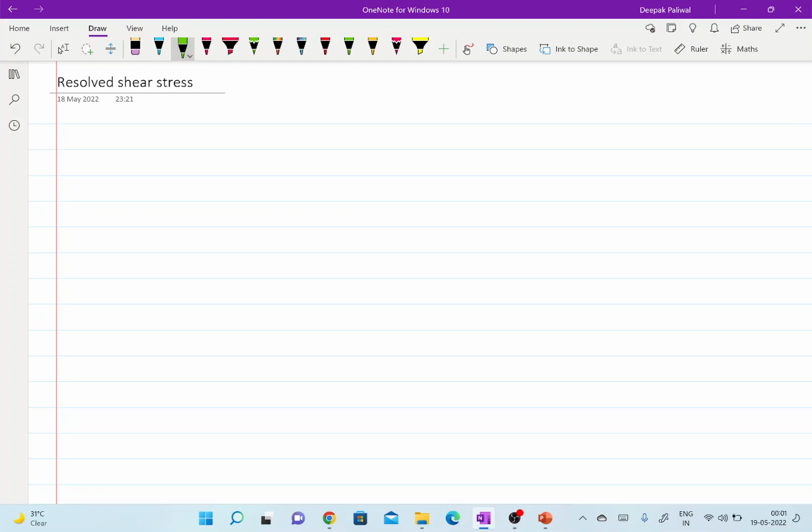So resolved shear stress. Whenever plastic deformation starts, or is going to start, there is a need for shear stress. Suppose this is your material and you are deforming it.